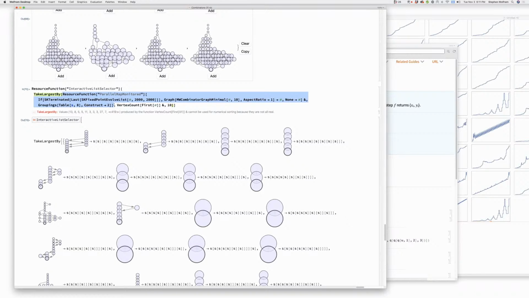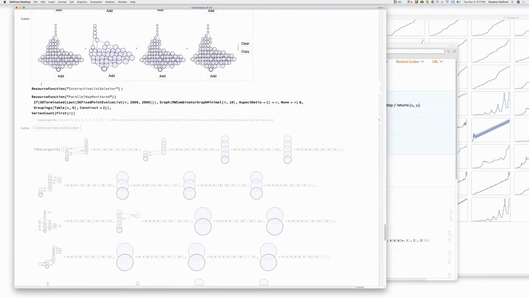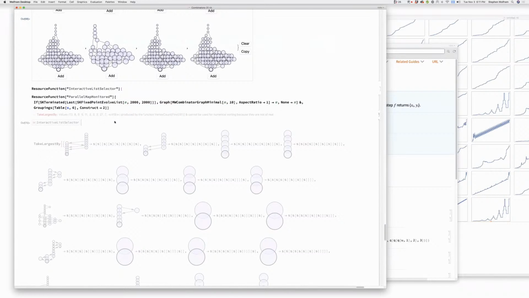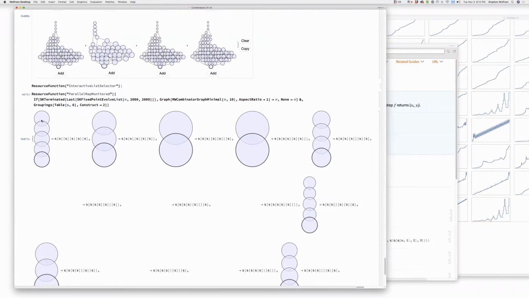So let's just go here. Let's just do that for 6. Okay, so those are graphs.